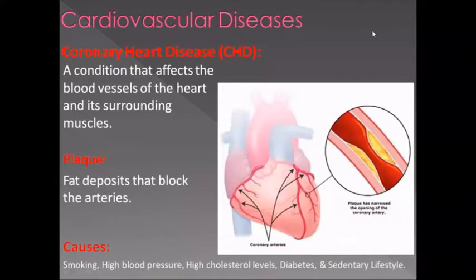Next is coronary heart disease. It is a condition that affects the blood vessels of the heart and its surrounding muscles. This condition occurs when there is a buildup of fat deposits called plaque. The causes, of course, are smoking, high blood pressure, high cholesterol levels, diabetes, and a sedentary lifestyle.